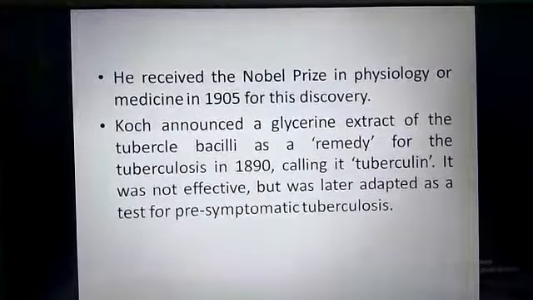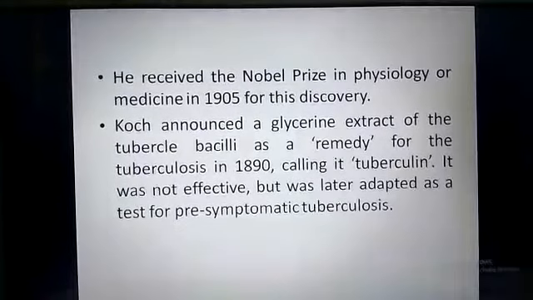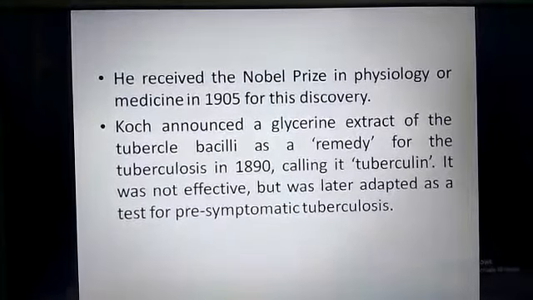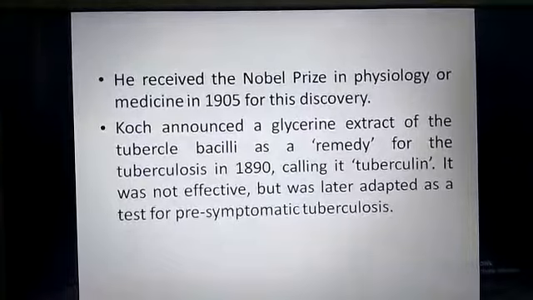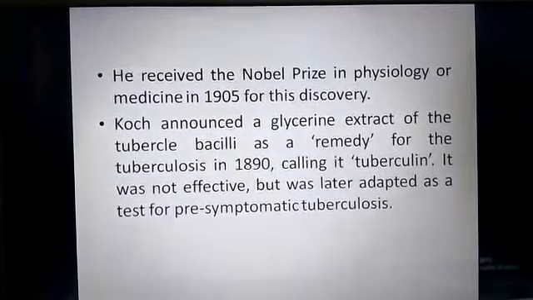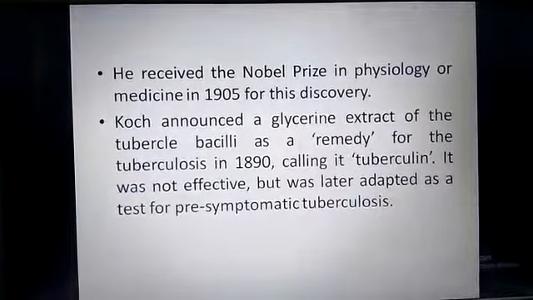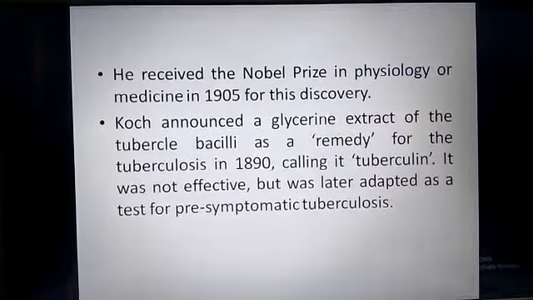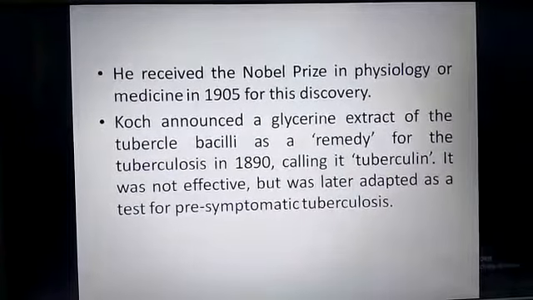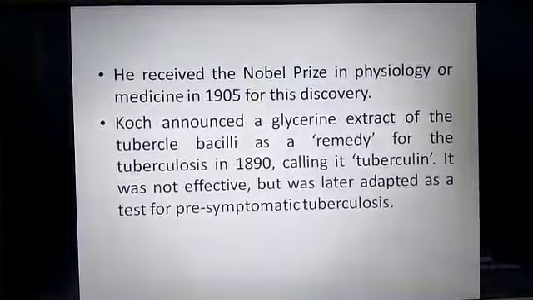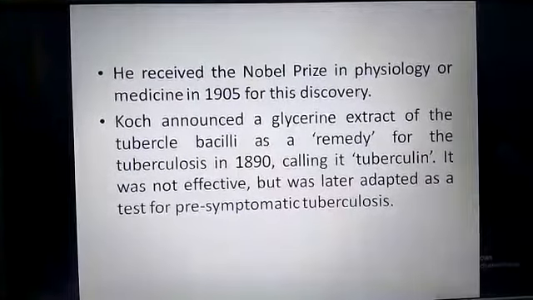It was not effective, but later it was adapted as a test for pre-symptomatic tuberculosis. Pre-symptomatic tuberculosis means the person is already infected with the bacterium but yet to show the symptoms. So that's all for today.